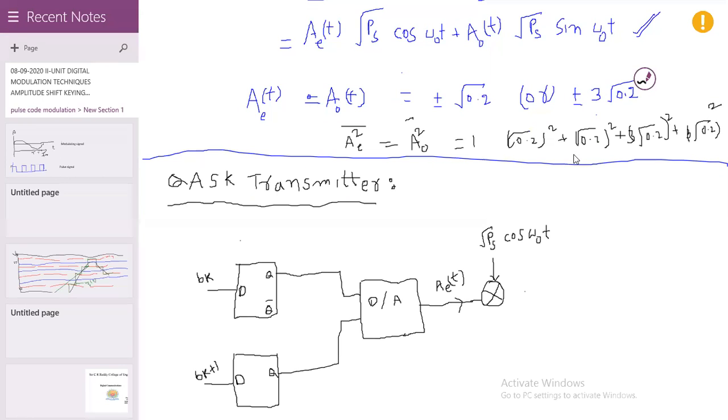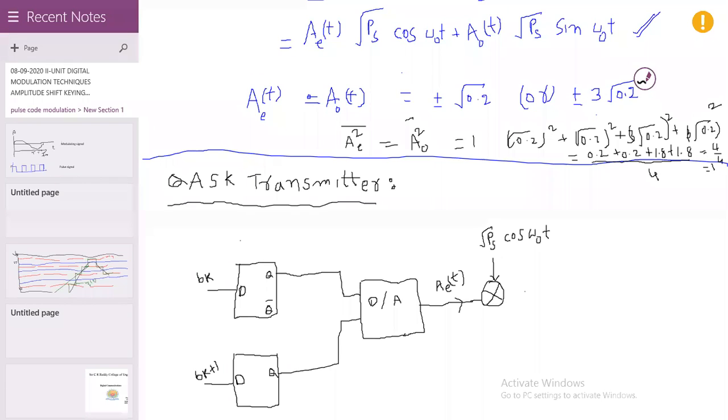Average, right? Here we get 0.2 plus 0.2 plus 1.8 plus 1.8 divided by 4. This is equal to 4 by 4 equal to 1.